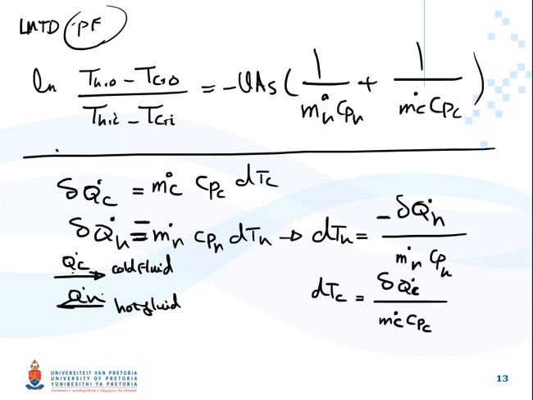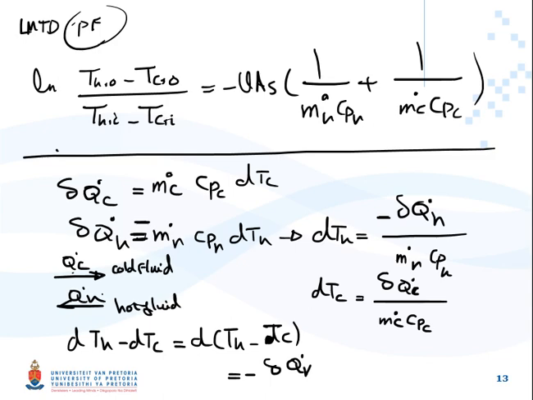So if I want to find the temperature difference, dT_h minus dT_c, it will be equal to minus dQ times (1/(m dot h C_ph) plus 1/(m dot c C_pc)).